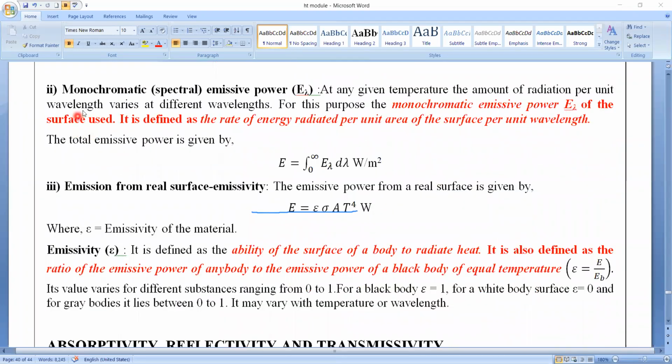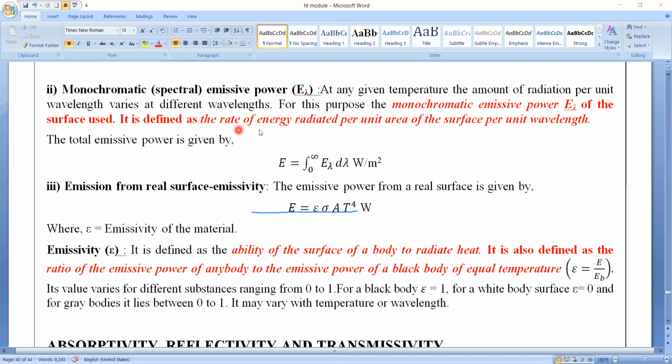The next important definition is monochromatic emissive power. At any given temperature, the amount of radiation per unit wavelength varies at different wavelengths. For this purpose, monochromatic emissive power, that is E suffix lambda of the surface, is used.